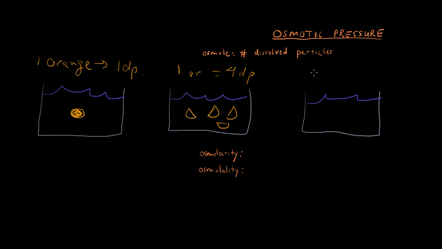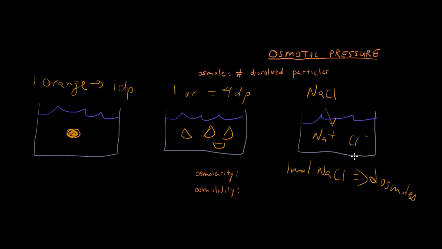So similarly, if you had 1 mole of sodium chloride, which is just salt, and you put it in water and it breaks apart into sodium ions and chloride ions, you have two particles dissolved. So 1 mole of sodium chloride leads to 2 osmoles.